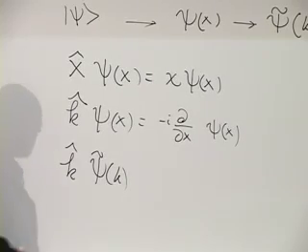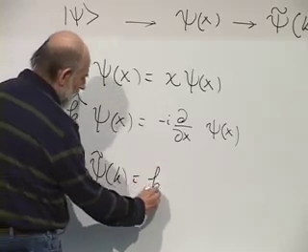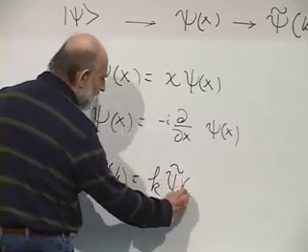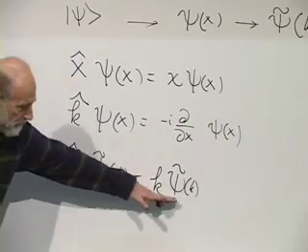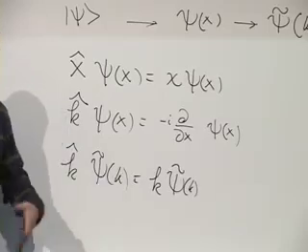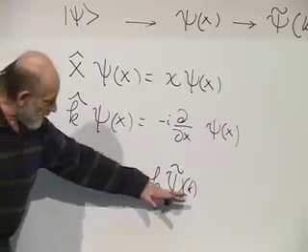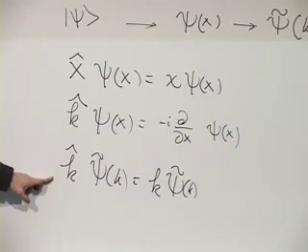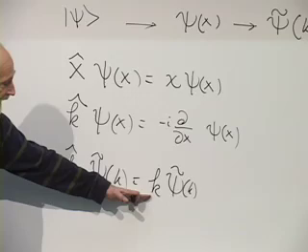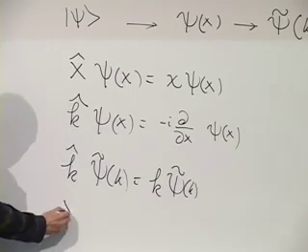Multiplies by k. K times psi twiddle of k. So if we happen to have had the wave function in the momentum basis, called the momentum representation, if we had the state vector expressed in the momentum representation and we wanted to know how k acts, it's easy, we multiply by k.